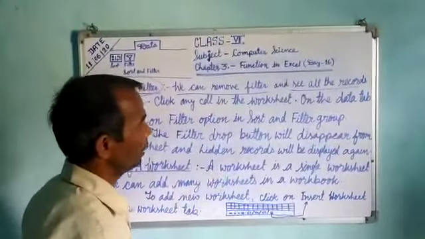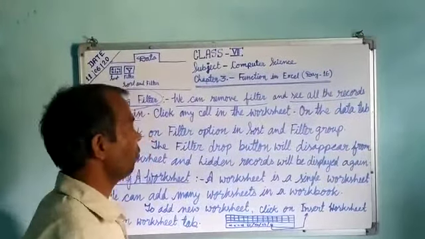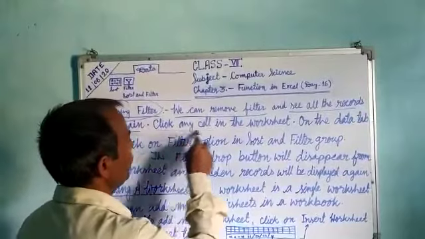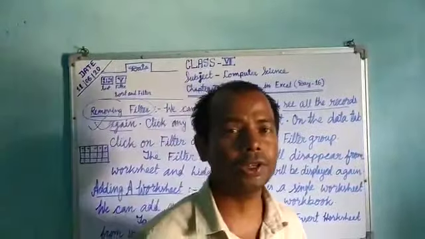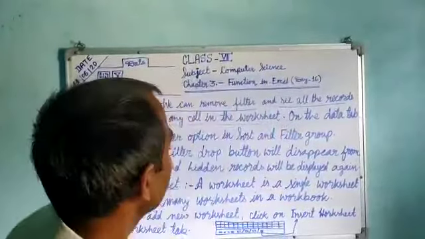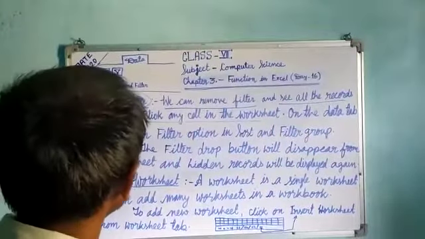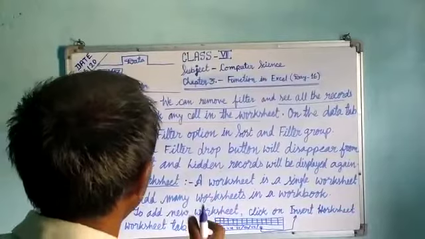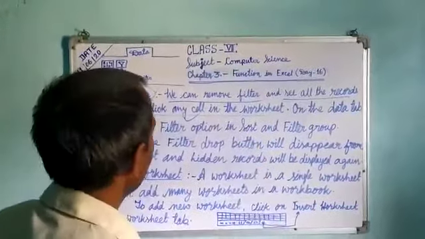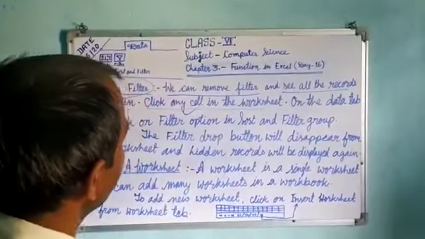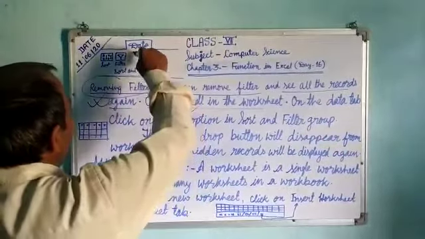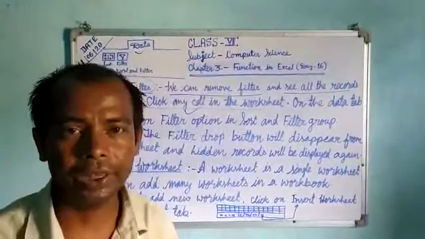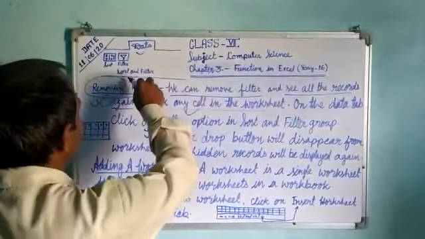So how can we do that? We have to follow the steps again. Click any cell in the worksheet. In the worksheet we have so many cells, and in each cell we have cell values. So we click any cell in the worksheet, and then we go to the Data tab, where we can find the Sort and Filter group.